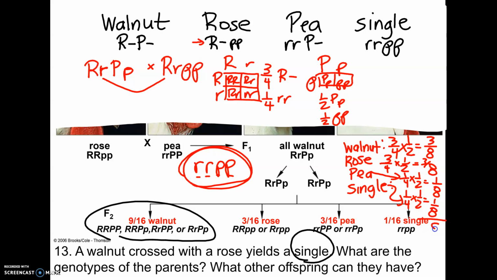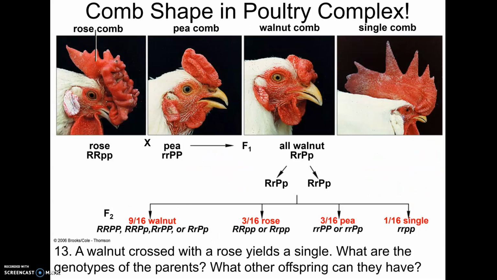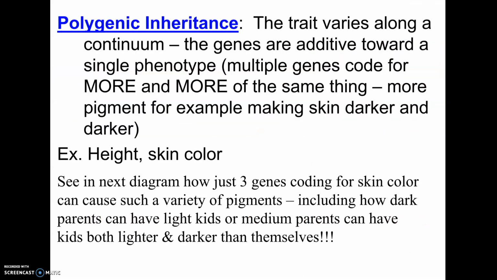You'll notice, by the way, if you do these correctly, it should add up to 8/8. It should account for all the possibilities. This is a very hard problem to solve. If you can do this, I would say you're in awesome shape as far as this chapter goes, because it would be unusual for you to have more than one problem like this on a test or even on the AP exam.